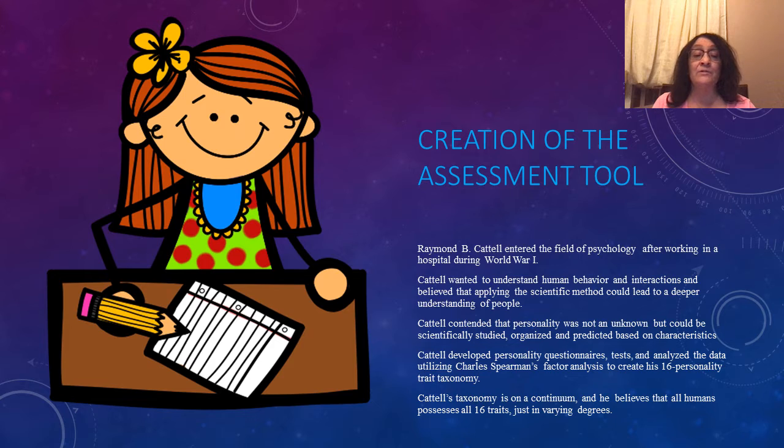Cattell contended that personality was not an unknown, but could be scientifically studied, organized, and predicted based on these characteristics. In an effort to understand differing personalities in humans, Raymond Cattell maintained the belief that a common taxonomy could be developed to explain such differences.